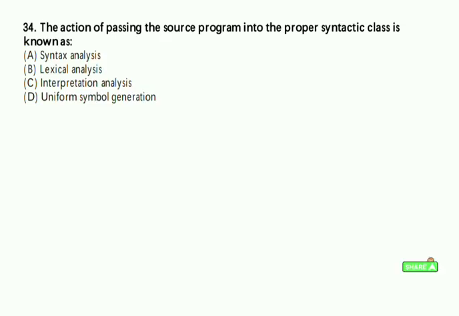The action of parsing the source program into the proper syntactic class is known as lexical analysis. Lexical analysis is the first phase of a compiler. It takes the modified source code from language preprocessors, written in the form of sentences.